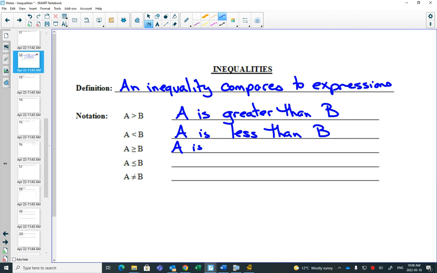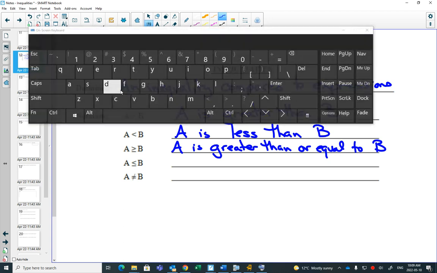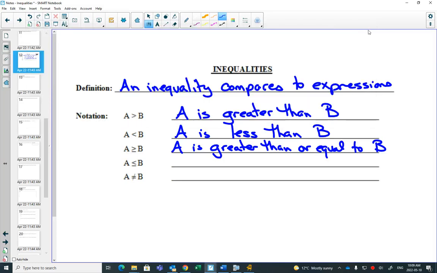So if it's just this one, that means A is greater than B. If it is the greater than and it has the line, A is greater than, or it could possibly be equal to B. So that's like half an equal sign. So it means they could be equal. A is greater than or equal to B.